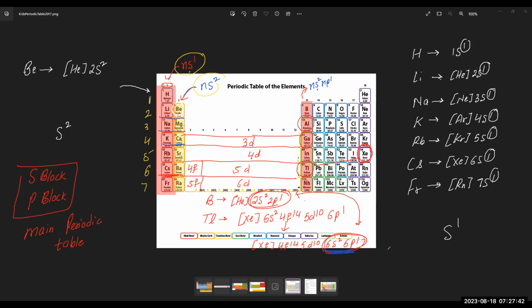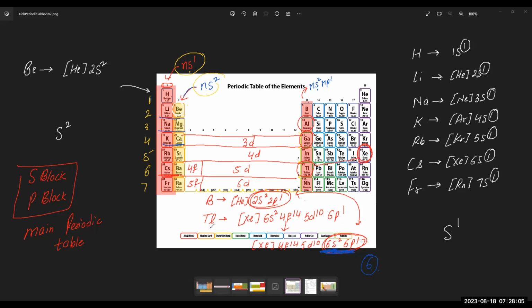The valence shell is sixth. So in that sixth shell, you have 6s and 6p. Each group has its own general configuration. You're right, Naisha. This is the general configuration of the boron family.